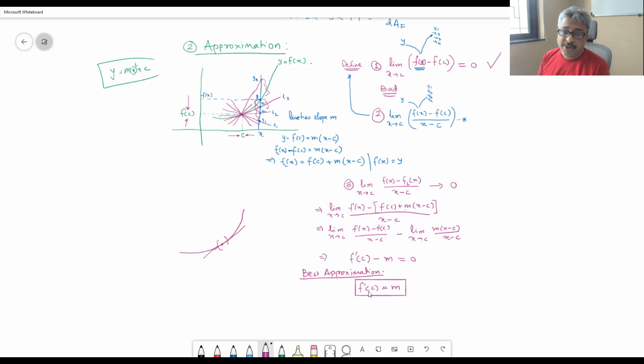It is the last thing that we are doing, and we are just trying to give an algebraic explanation why the tangent is the best approximation of the curve locally at that point. And if we are ready to accept this as a definition, then everything falls in place, and we get that the slope of the tangent is the derivative, the value of the derivative at c, which again we say is the slope of the tangent.